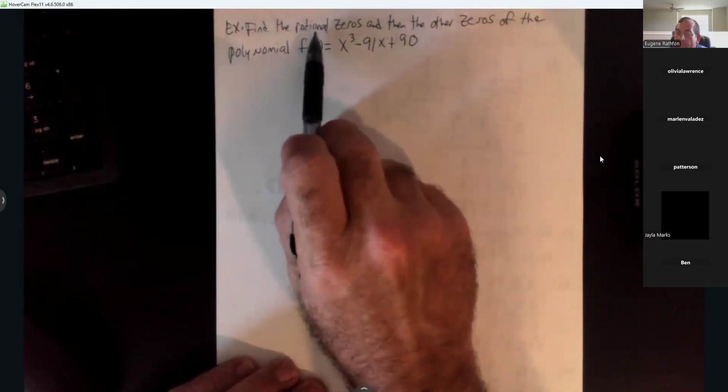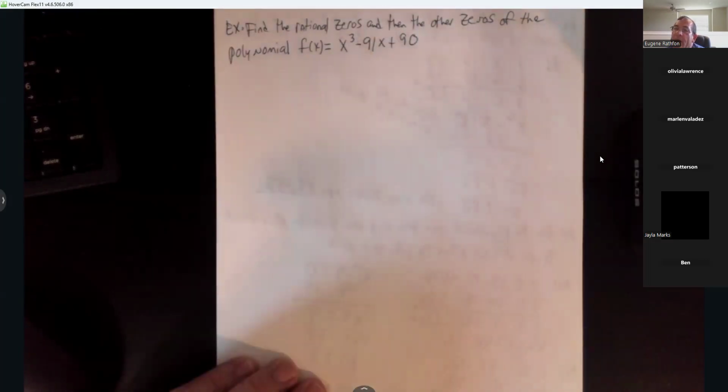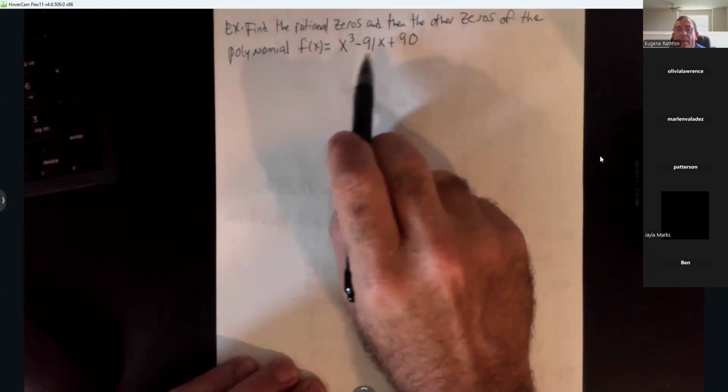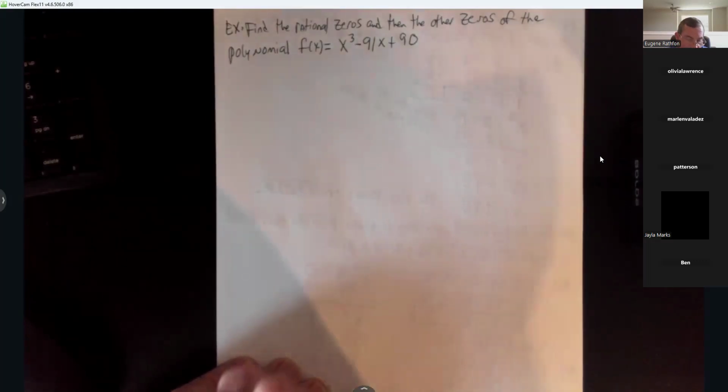Now, rational zeros are any of the zeros that I can express as a fraction. So it's any of the positive numbers, negative numbers, and fractions. The other zeros are going to be the radical zeros or the imaginary zeros. So if I get them type of zeros, they're going to be the other stuff, okay?